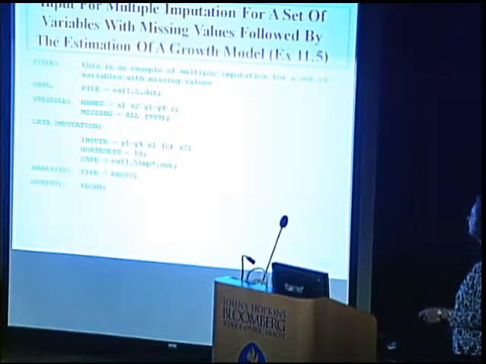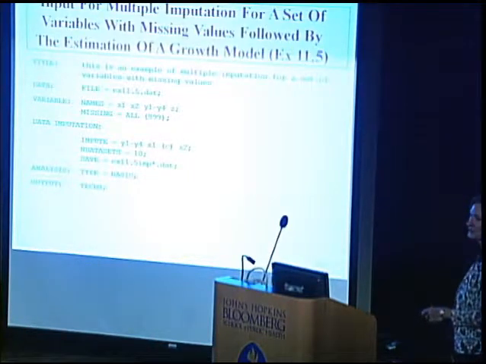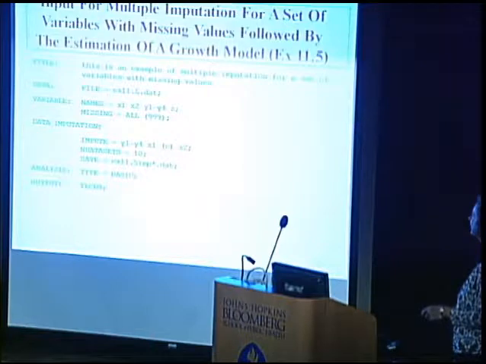And you can see we have an impute option. Impute equals y1 dash y4, x1, and x2. And you see we have a C after x1, which indicates that we want that variable to be treated as categorical during the imputation of the data.